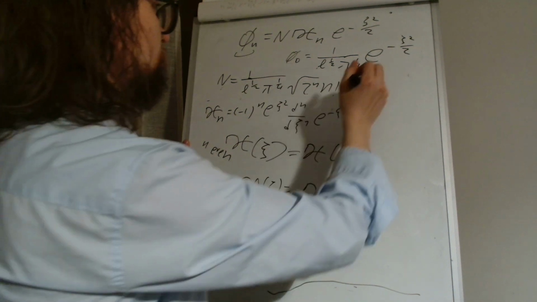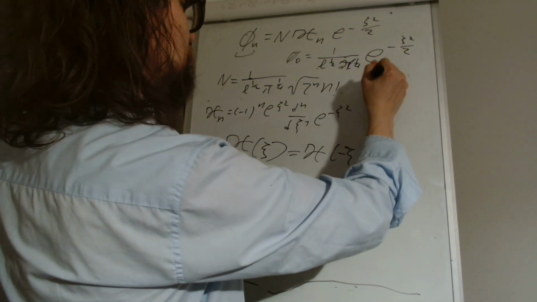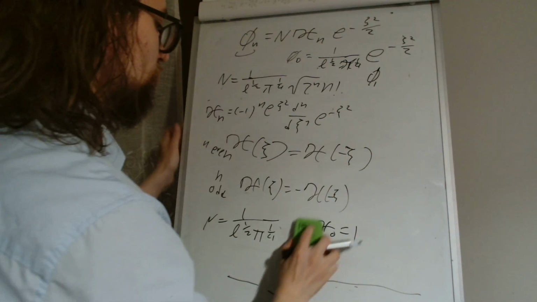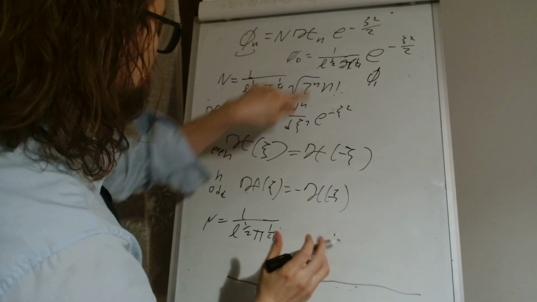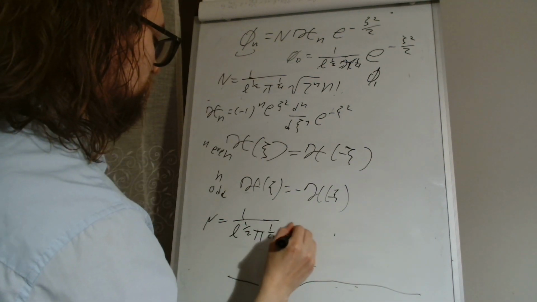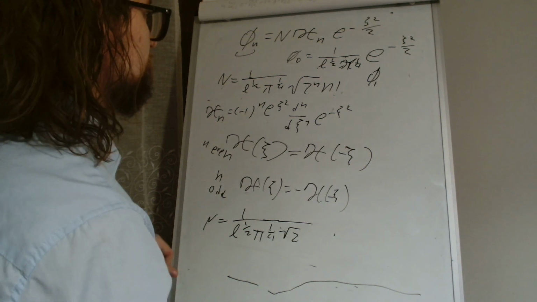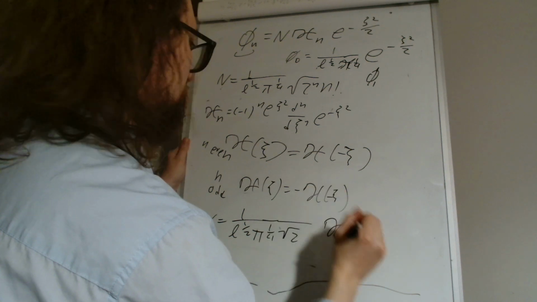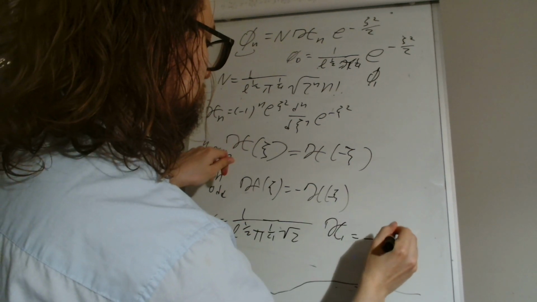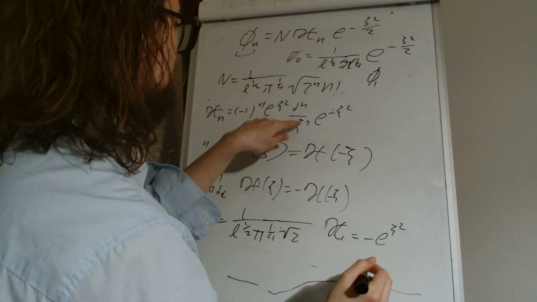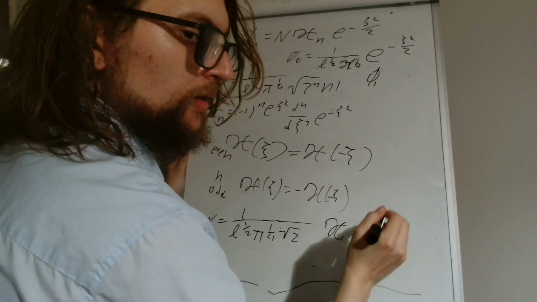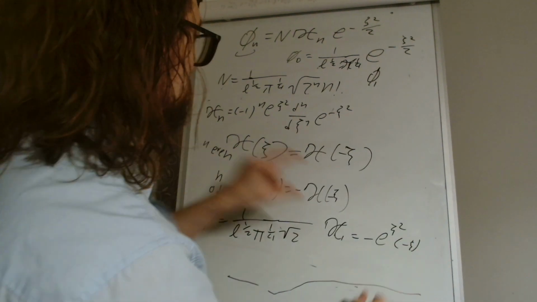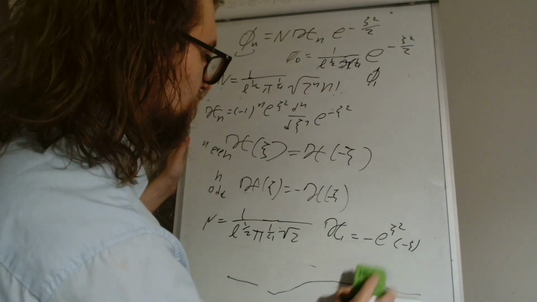Then we evaluate phi 1. For phi 1 we have N equal to this, but this time we also have the square root of 2. H1 is going to be minus e to the c squared times the derivative, which is minus c times this one, the inverse of this one.